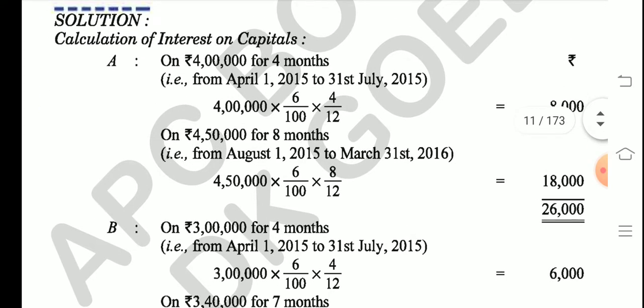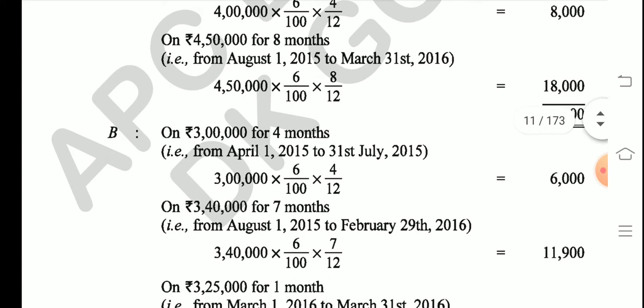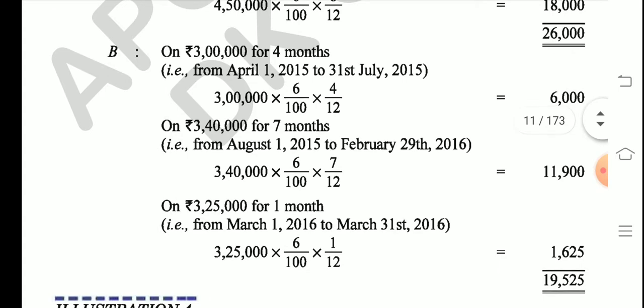So for the calculation of B, please try to understand here. It all depends on the question. Nothing is compulsory, nothing is predetermined or prefixed here. So for B, the first capital was constant for 4 months, and then for 7 months, and then B withdrew 15,000.